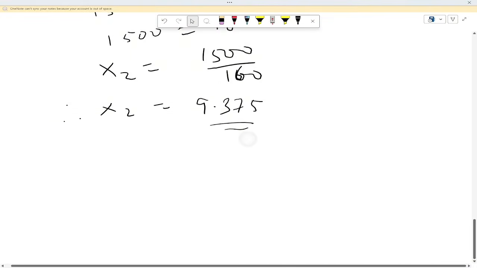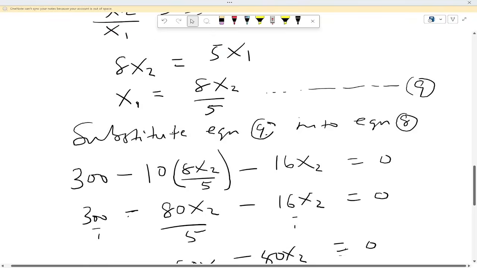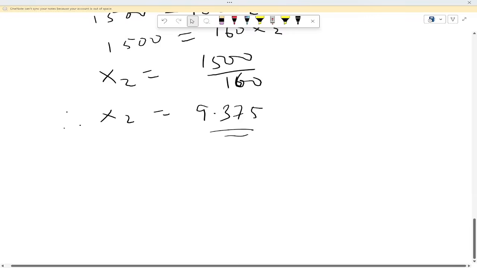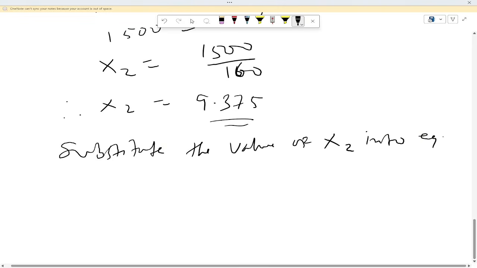Now that you have 9.375 as your value for x2, you can simply go and substitute the value of x2 into equation 9. You understand? So you substitute the value of x2 into equation 9, where you have x1 equal to 8x2 all over 5.